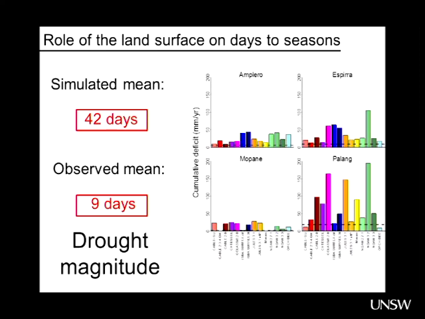I suspect most of you think that under double CO2 we see an increase in the frequency of drought. I would challenge you to how confident you would be about that when it's actually apparent that the CMIP5 models do a variable job in simulating drought.